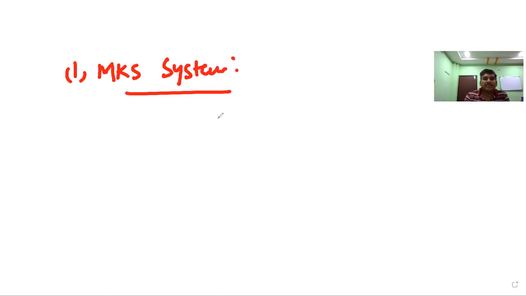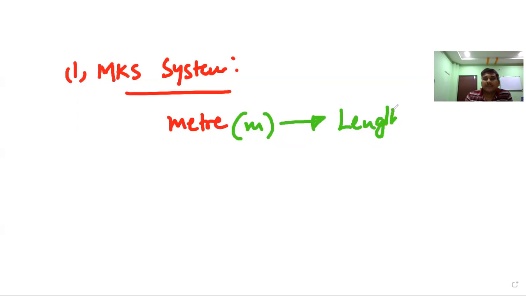First one, MKS system. So in this system, M stands for the meter, and notation is m, and it is the measurement of length, L. Similarly, K stands for kilogram.